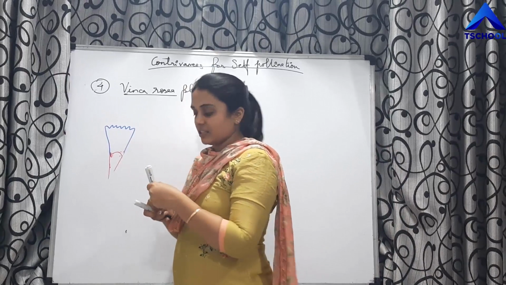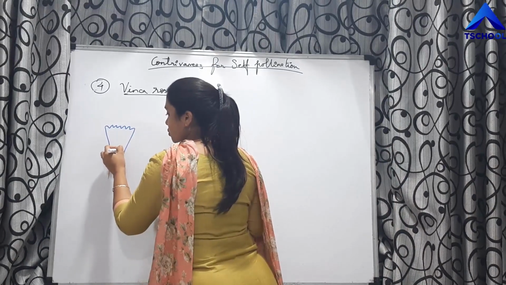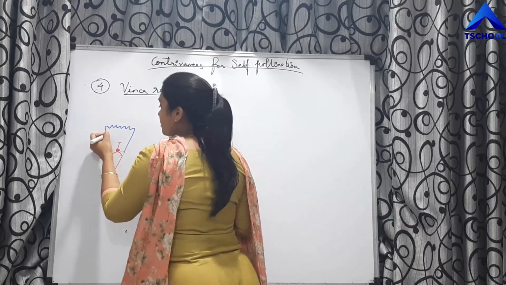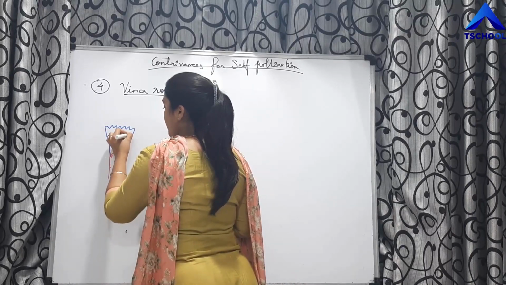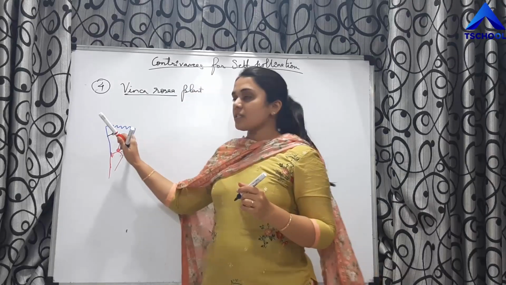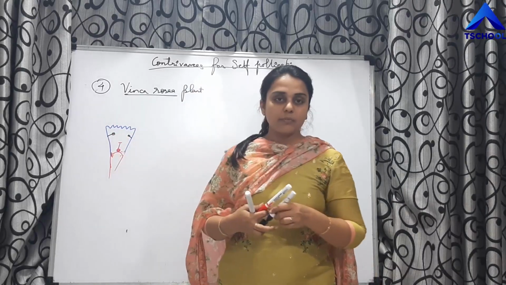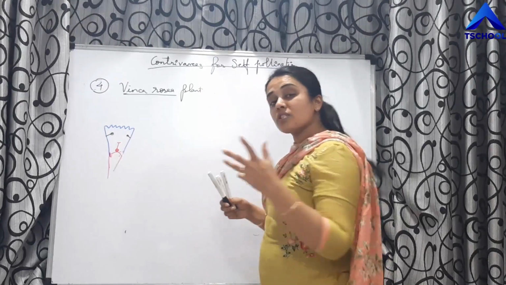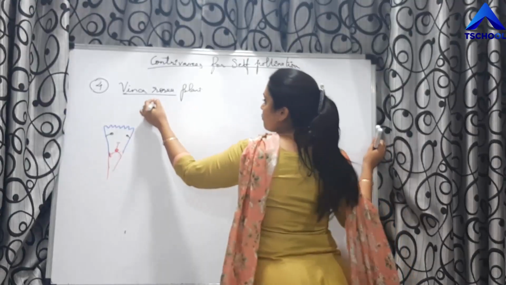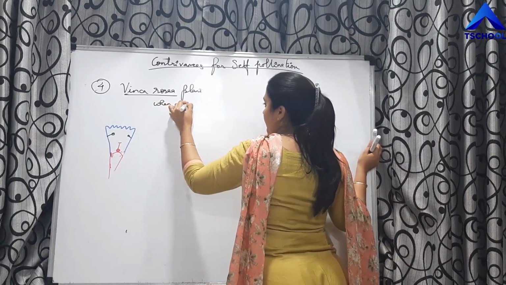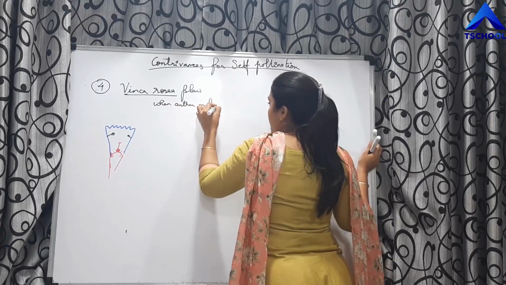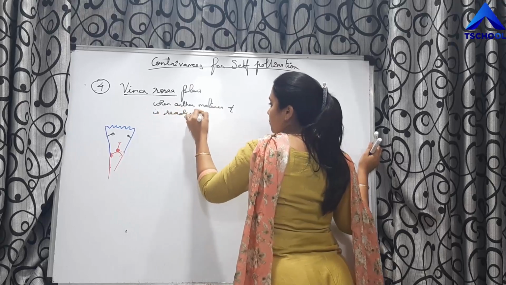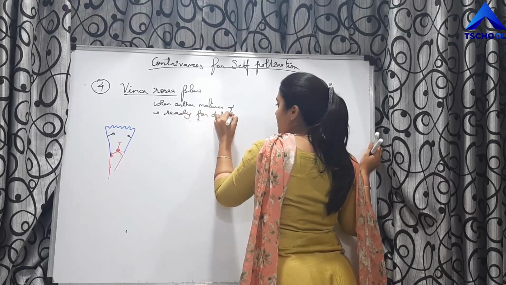So what happens in Vinca rosea? This is the ovary, style and stigma. It is short and anthers are present above it like this, right? So this is the male reproductive part, this is the female reproductive part. Now what happens when the anther matures and is ready for dehiscence?